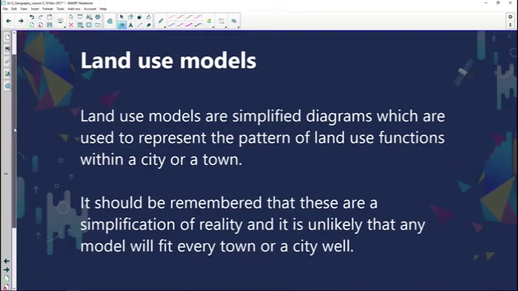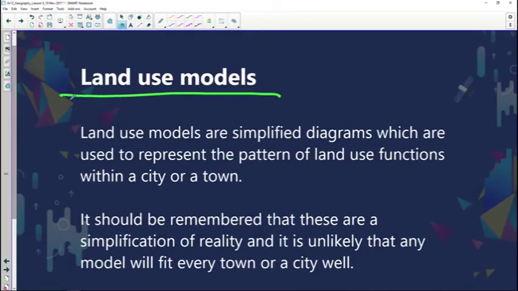Now, our next topic that we're going to have a look at is our land use models. Unfortunately, these land use models were based on our urban areas a long time ago. And over time, these land use models have changed shape because of the influx of rural-urban migration and how people use the land in the urban areas.